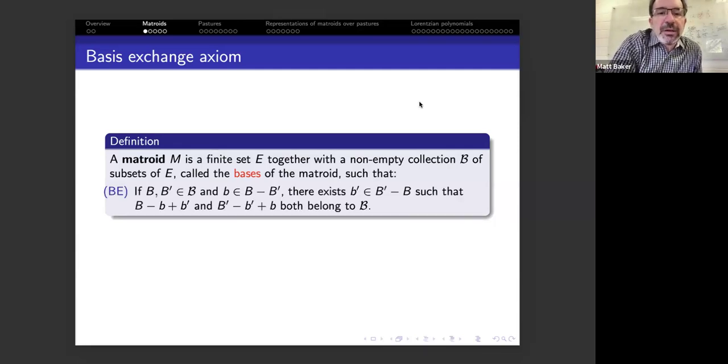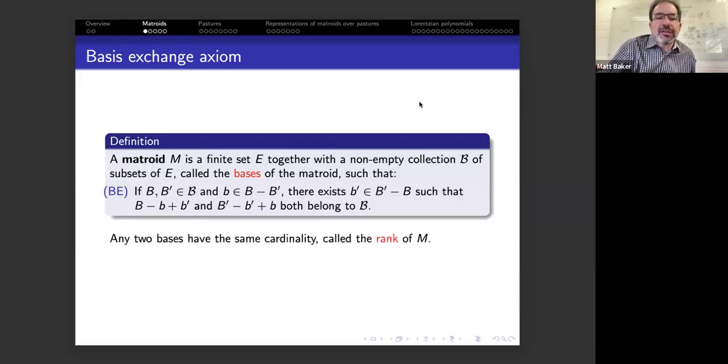If you have two bases and an element of one but not the other, then there's an element of the other one but not the first one, so that both of these exchanges are bases. So this looks stronger than the usual basis exchange axiom, but it turns out to be equivalent.